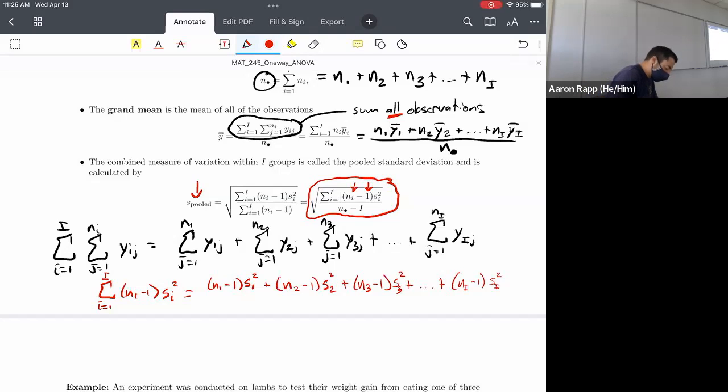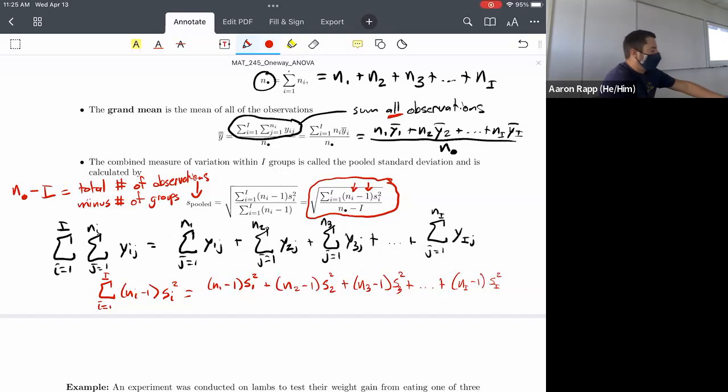And then I guess I'll make it up here. N dot minus I is equal to total number of observations minus number of groups. And that standard deviation right there is going to give us a good idea of overall how all of this data is spread across all the populations, all the different groups.